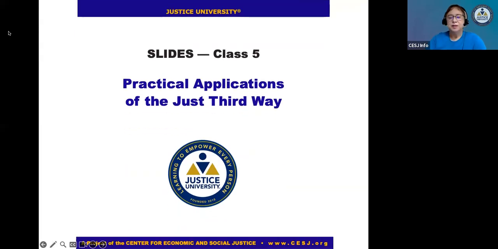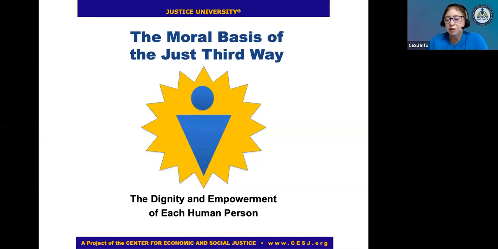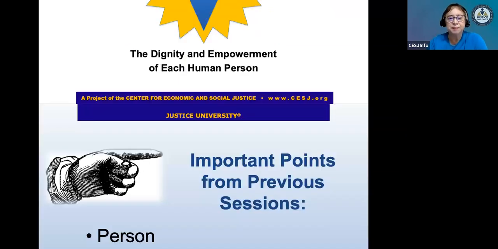All right, so this is session 1. And just to remind all of us, the theoretical basis, the moral basis of the system we call the Just Third Way, which has also been called personalism or economic personalism when we talk about economics, is the human person and the dignity and empowerment of each person from the day they're born till the day they die.